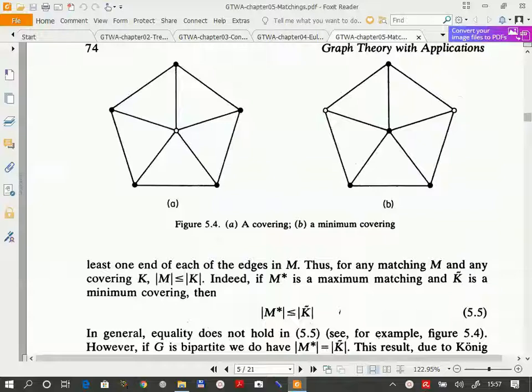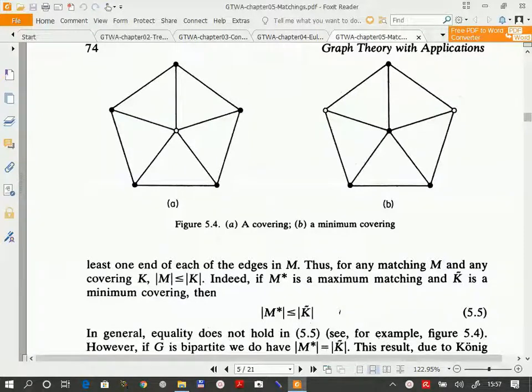I'm sure that it's maximum because it's perfect. On the other hand, the covering given is this, all right? And in this case, we have inequality, meaning that the number of edges in this maximum matching is strictly less than the number of vertices in this minimum covering, okay?